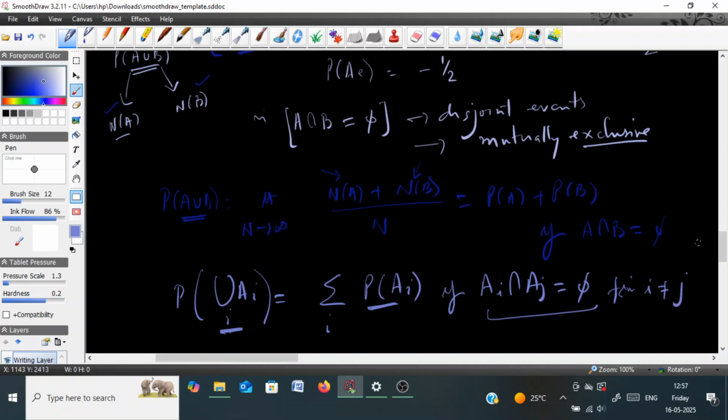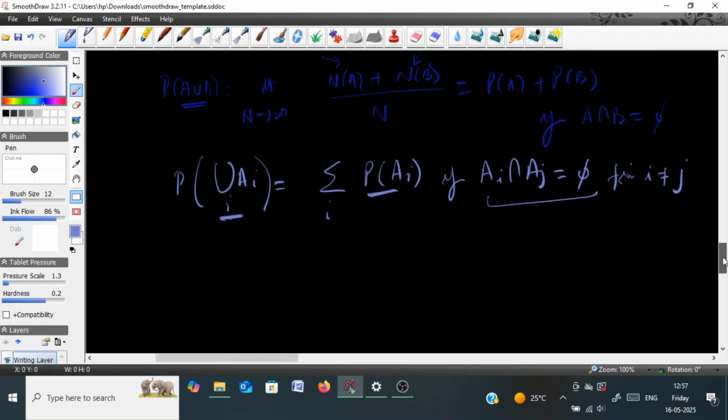Likewise, from this you can say that the probability of the entire sample space is going to be 1.